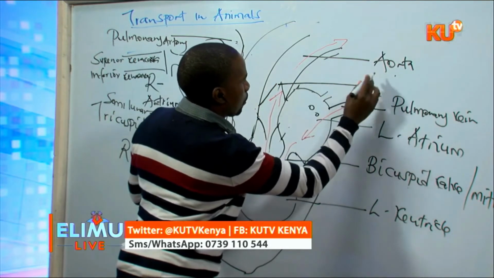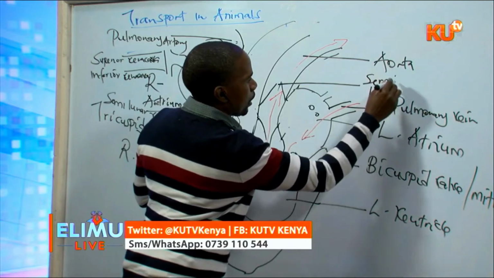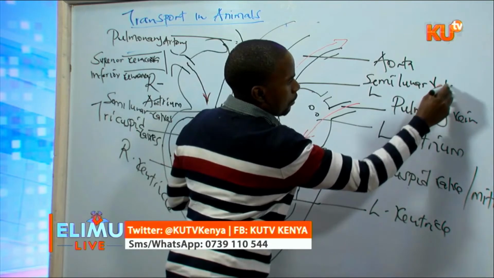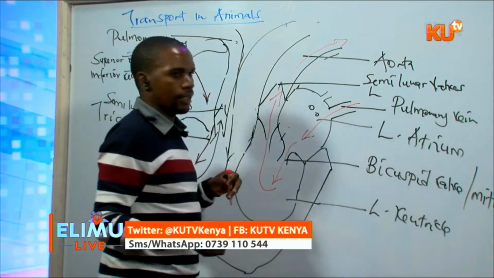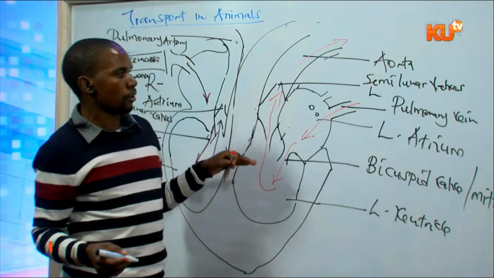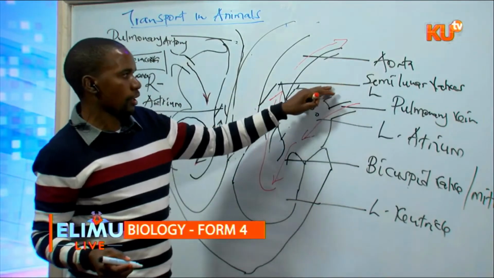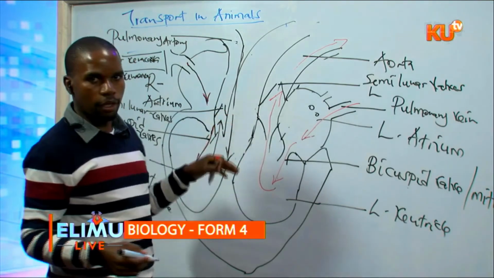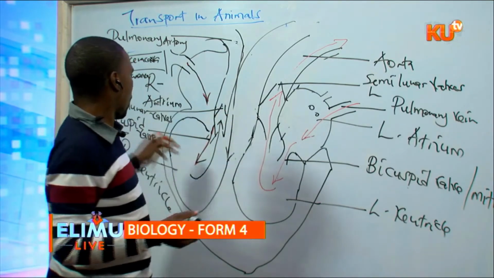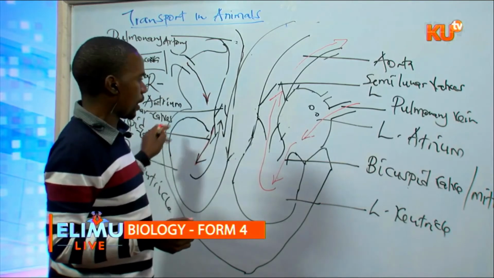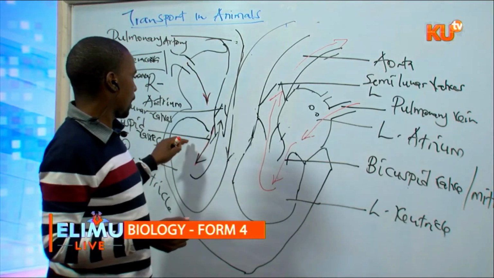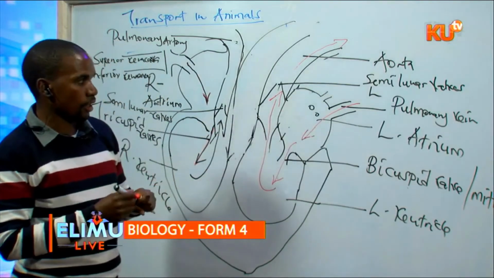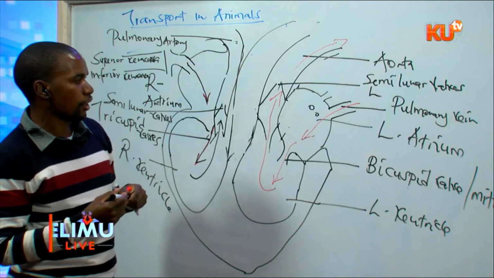This one here, these are also the semilunar valves found between the aorta and the left ventricle. Now, something to note is that both the semilunar valves, the two of them, have 3 flaps. However, the tricuspid valves are the ones that we recognize as having 3 flaps, but this is just a point to note. The semilunar valves also have 3 flaps.